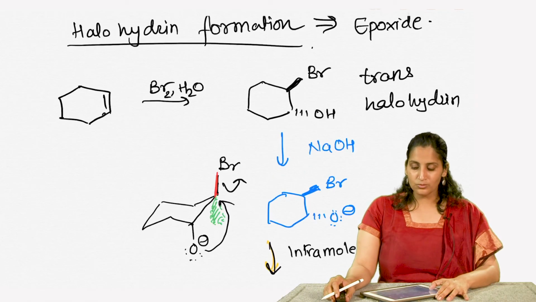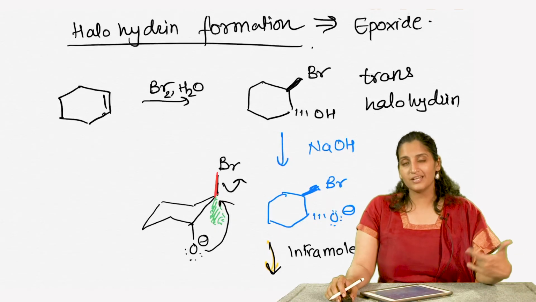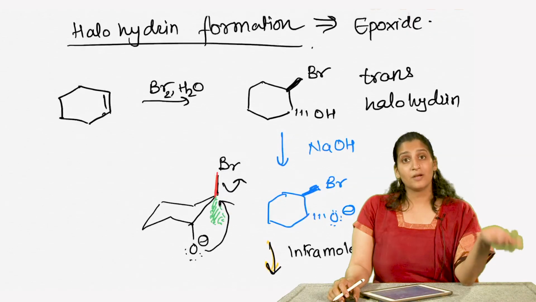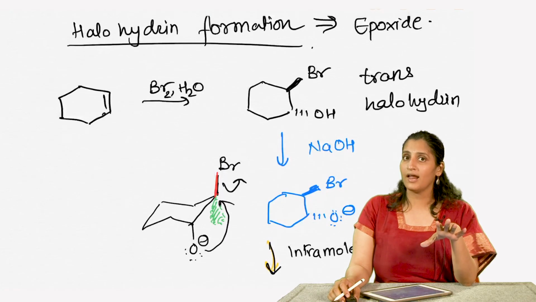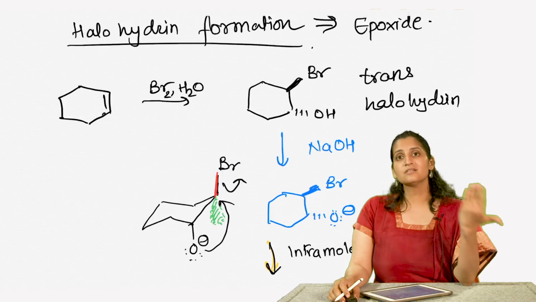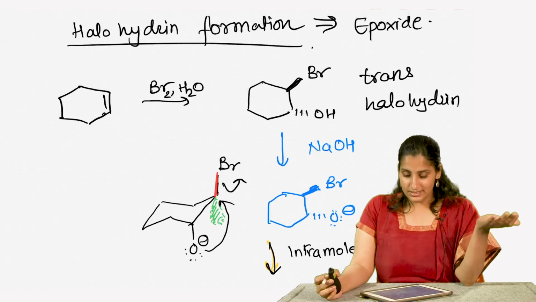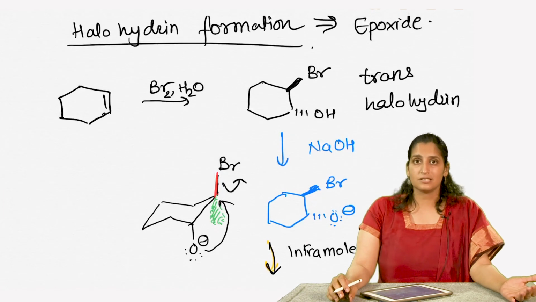And in fact, to think about it in a little different manner, this is nothing but an intramolecular version of the Williamson ether synthesis, because Williamson's ether synthesis required you to start with an alkoxide and attack it on an alkyl halide, just that in this case it is happening intramolecularly, and that is why this can also be called a different version of Williamson's ether synthesis.